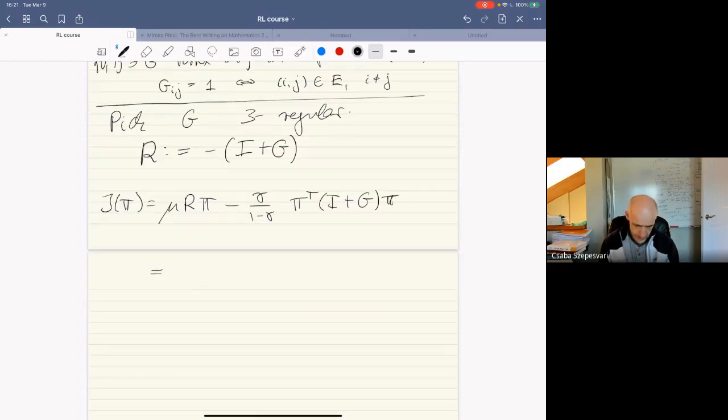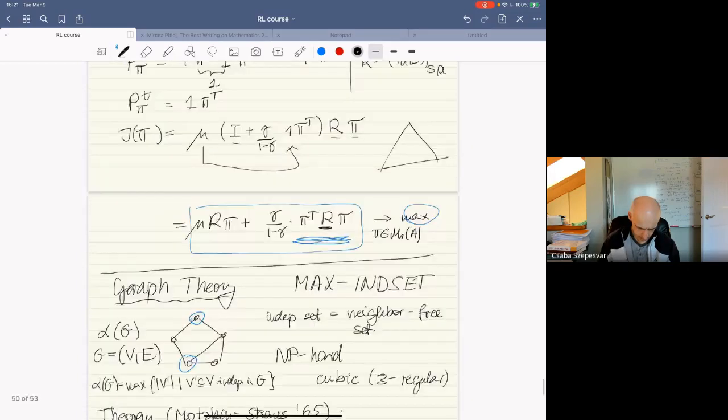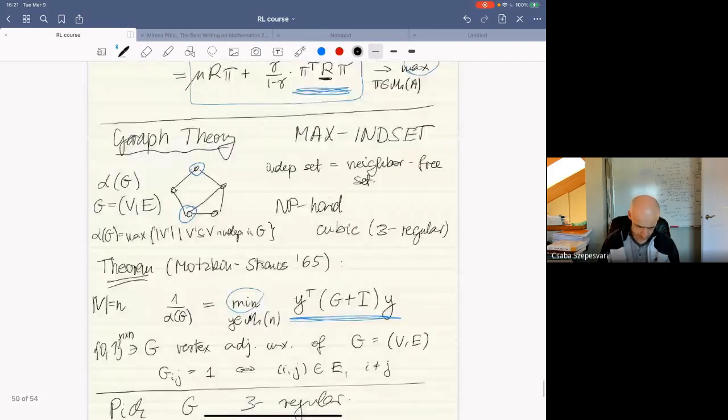So this is also (I plus G) pi. It's time to choose mu, or we already chose mu. So mu was, I think, the uniform distribution. Yes, we chose it.